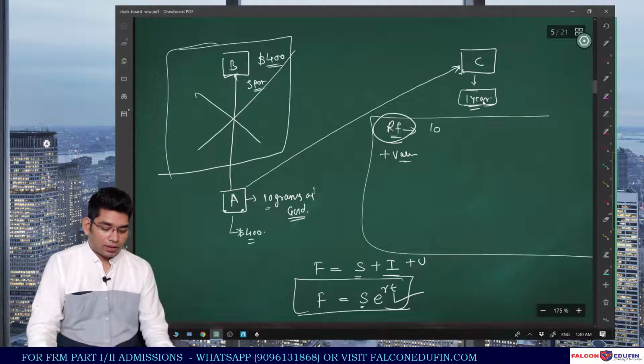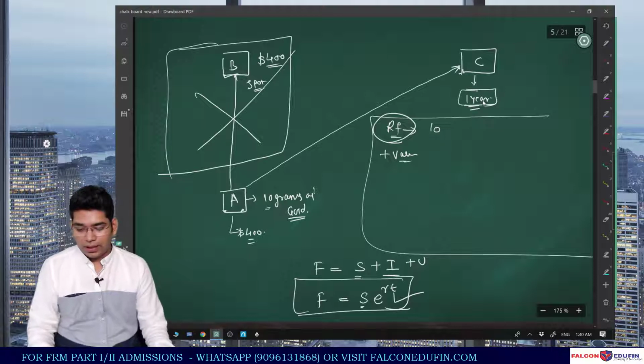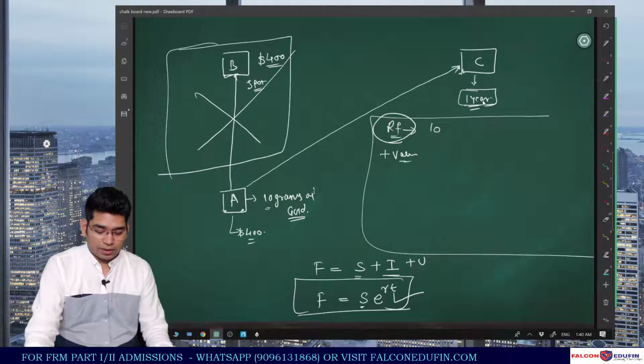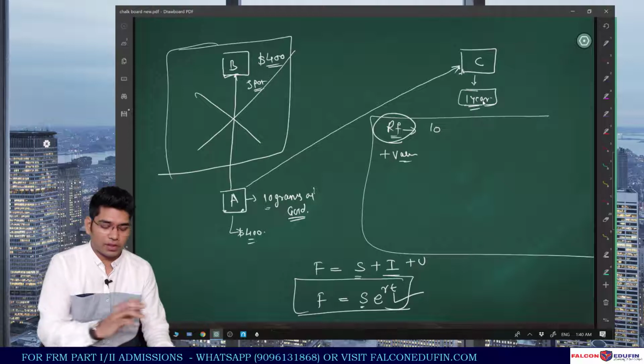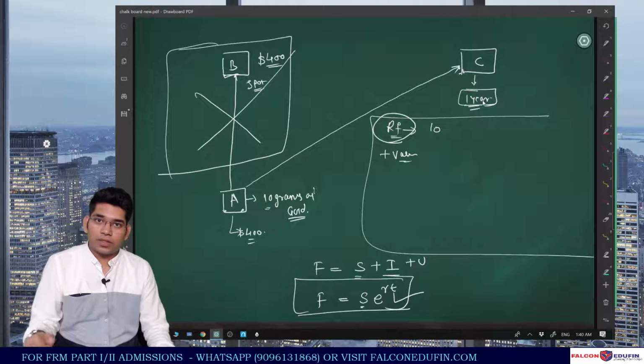Now in this case A might say that he is going to deposit this amount into the bank, that's why he is going to charge the risk free rate plus something else. We are assuming this. Now there might be some other person who says that I am going to invest this into blue chip companies, and the general return in blue chip companies is around 50%.